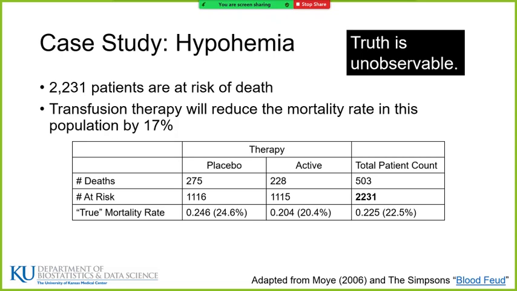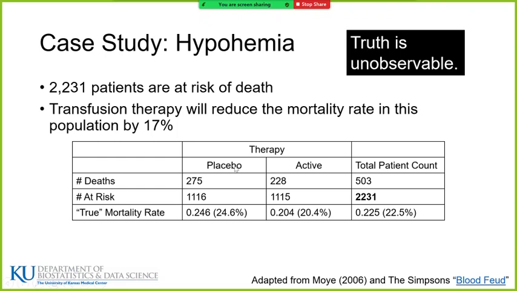The cool thing about this is, since this population is relatively small, if I am able to get all 2,231 patients to participate in my study and agree to being randomized between a placebo group and this active transfusion therapy intervention, then I can get the true impact of this active therapy relative to placebo therapy.